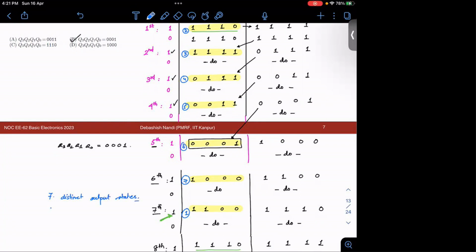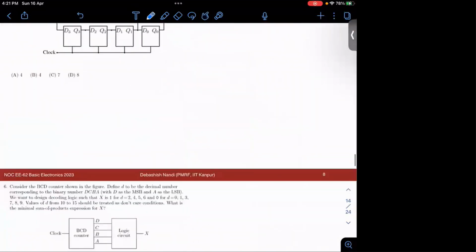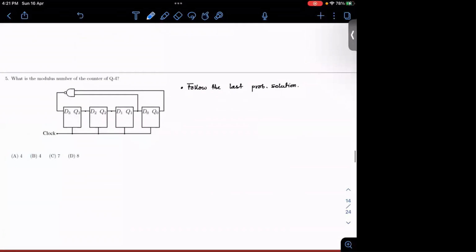Okay, so it is basically a mod 7 counter. Fine. So this is how you find it. So the modulo of this counter is 7. Okay, just let me check whether I have found it correctly. Yes, it is a mod 7 counter.